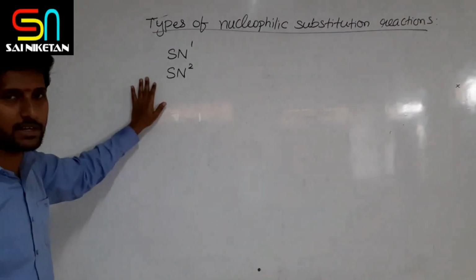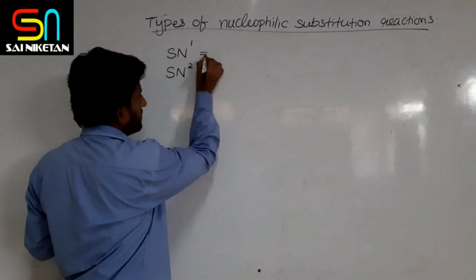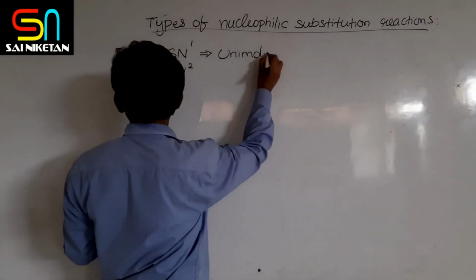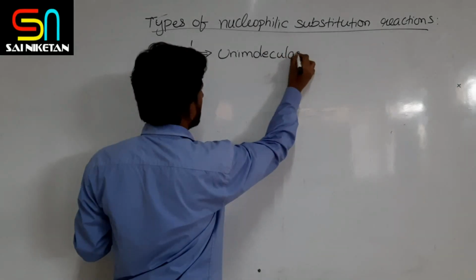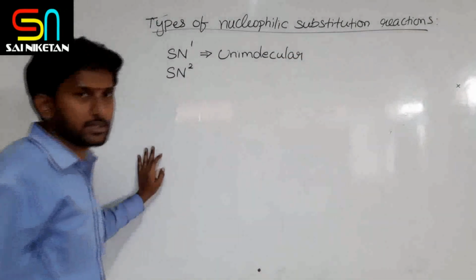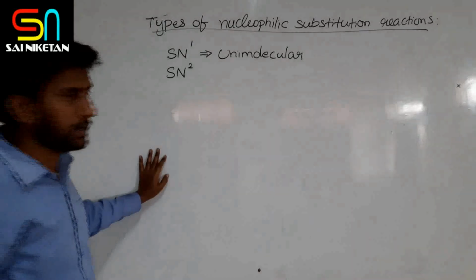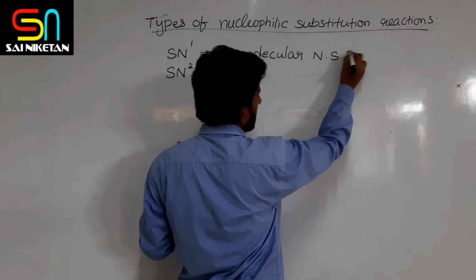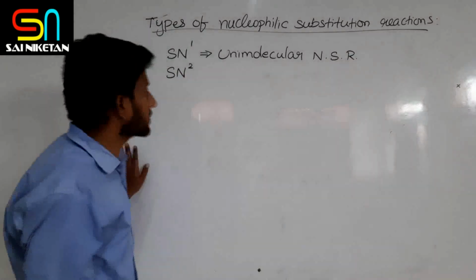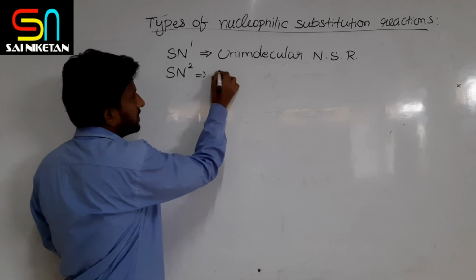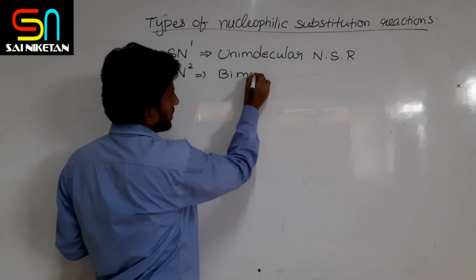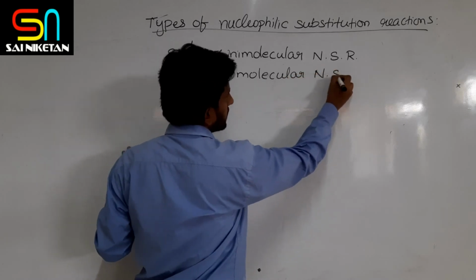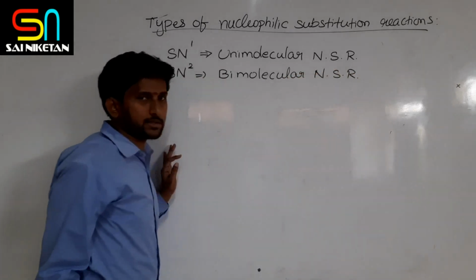Now what is SN1 and what is SN2? SN1 means unimolecular nucleophilic substitution reactions. SN2 means bimolecular nucleophilic substitution reactions.